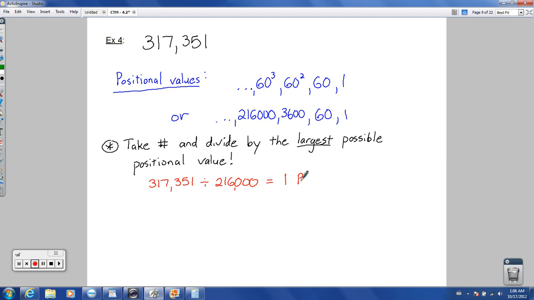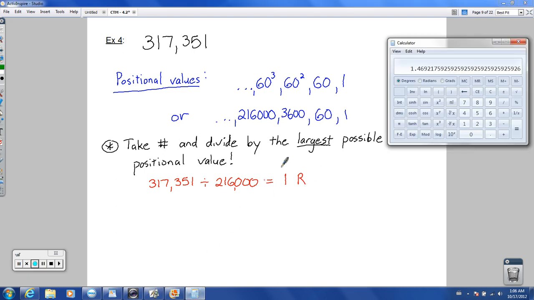So 1 with a remainder of, how can I figure out that remainder? Well, I have 1 whole 216,000 that goes into there. So all I really need to do is take 317,351 and subtract 216,000, because there was only one of them that went in there.